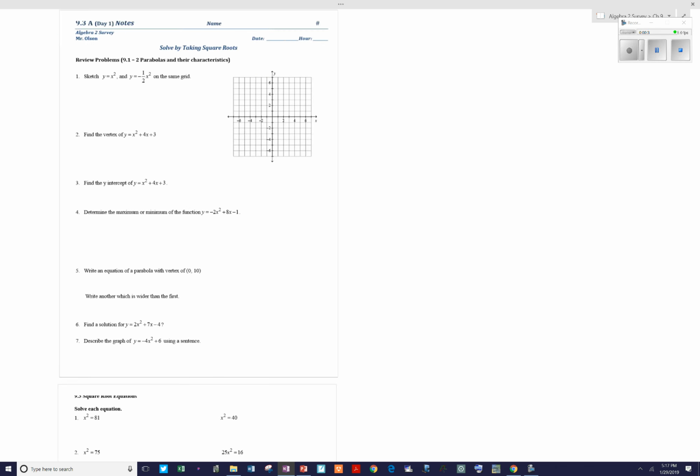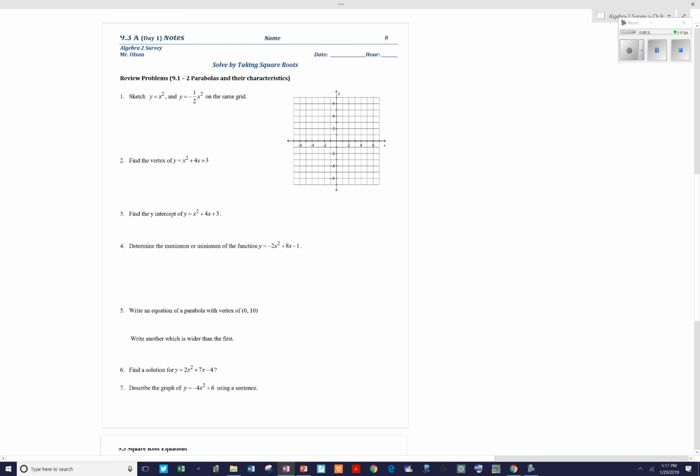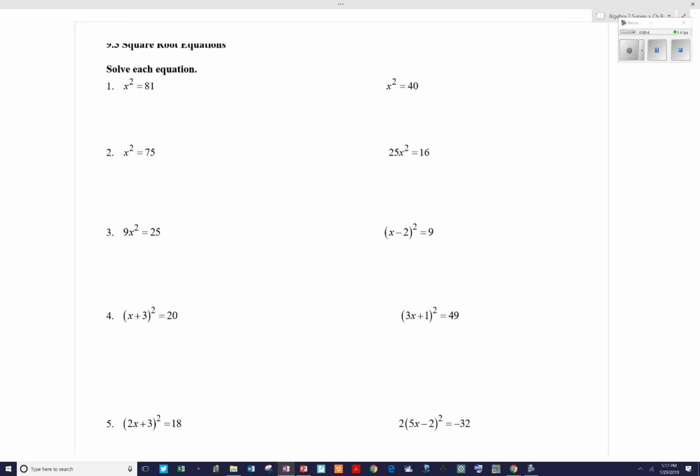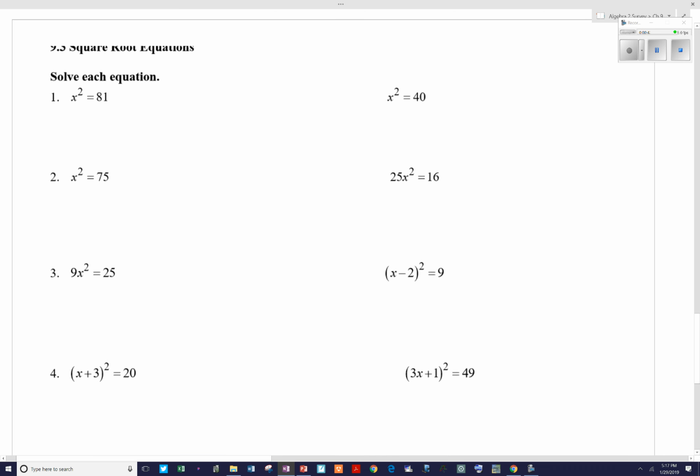All right, so this is the front side of the notes that we got for 9.3. We're not going to go through these review problems and will get right to our new types of problems, the solving by square root problems.